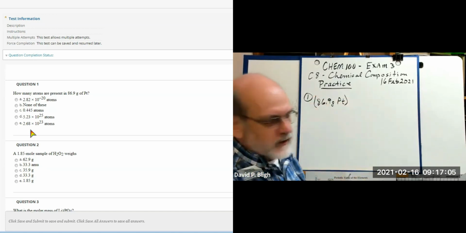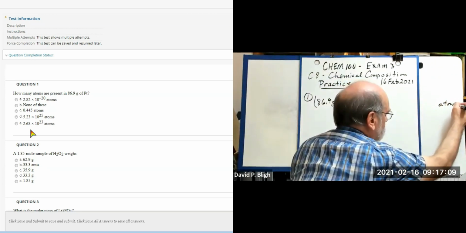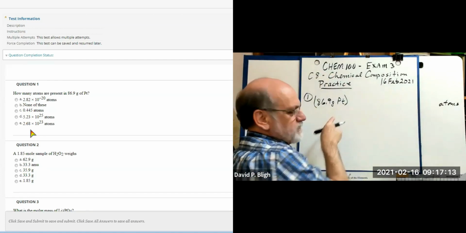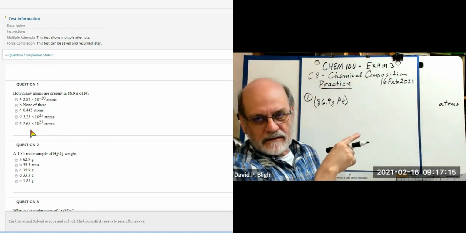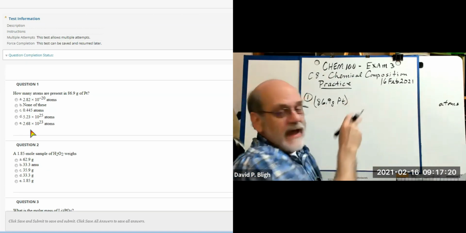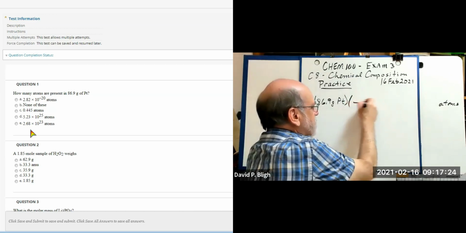And you're headed for the number of atoms. You gotta figure how you get there. Well, there's no direct conversion factor to go from grams to atoms, correct? So you got to go by steps.